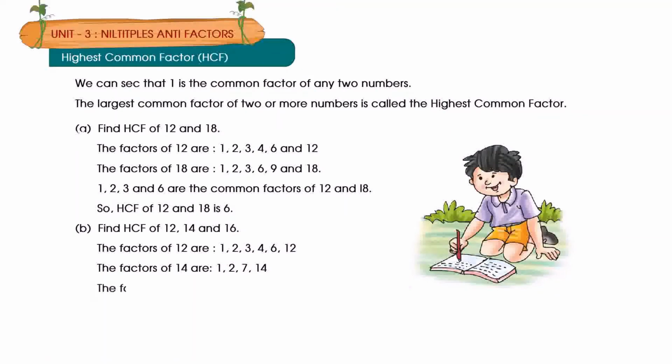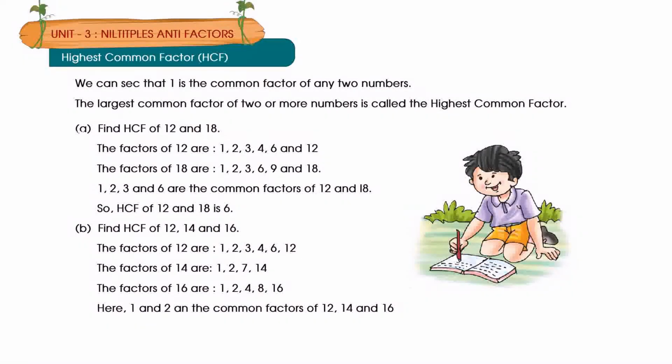The factors of 16 are 1, 2, 4, 8, 16. Here, 1 and 2 are the common factors of 12, 14 and 16. That means the highest common factor of 12, 14 and 16 is 2.